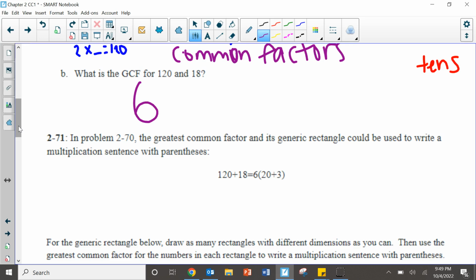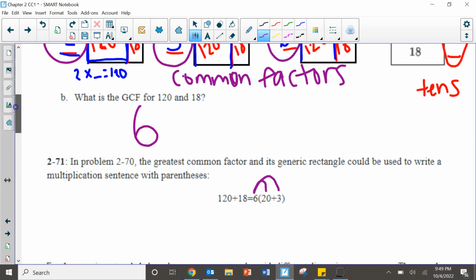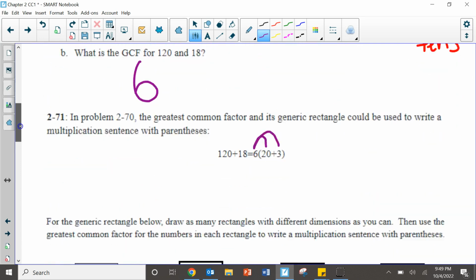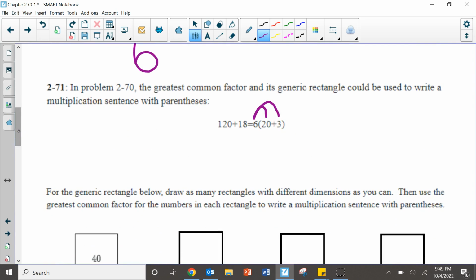And that makes sense, because we're going to learn more about the distributive property in 2.3.4, but 6 times 20 and 6 times 3, which you can see we did up here, is where the 120 and the 18 came from. So this is how you would write it if they wanted a multiplication sentence with the GCF. You wrote it just without the rectangle.